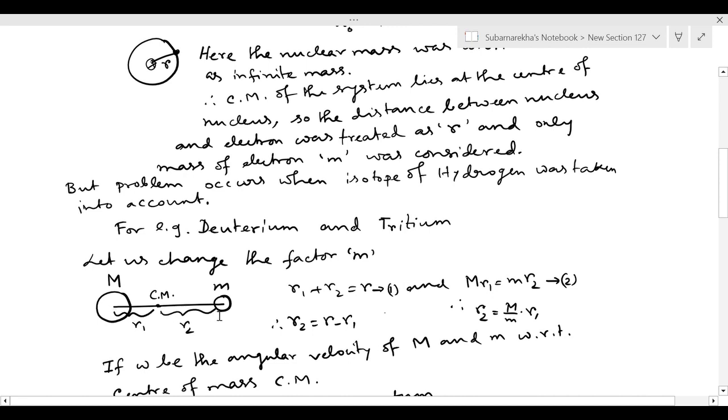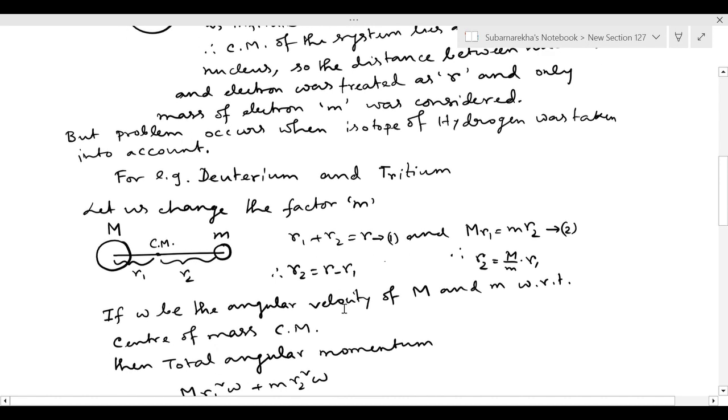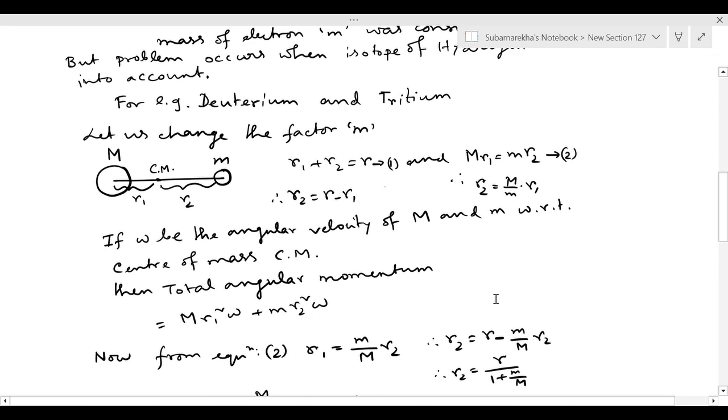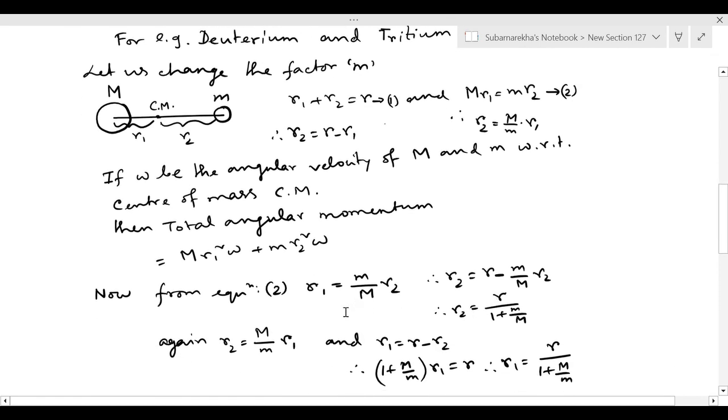So r1 plus r2 is r, which is equation number 1, and from the moment calculation, capital M into r1 equals small m into r2. We replace r2 by r1, and r1 by r2, and finally express them in terms of r.